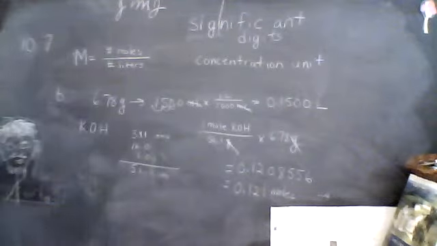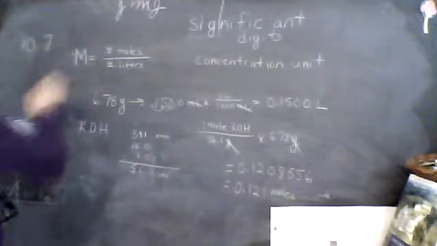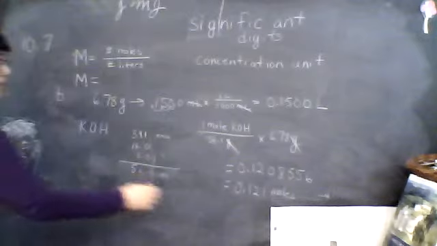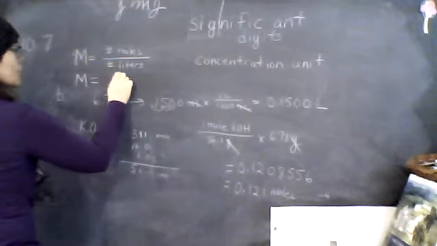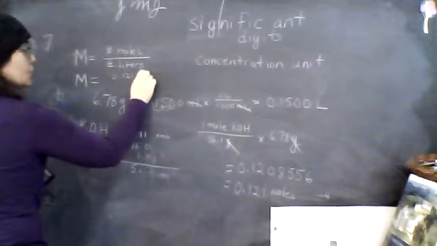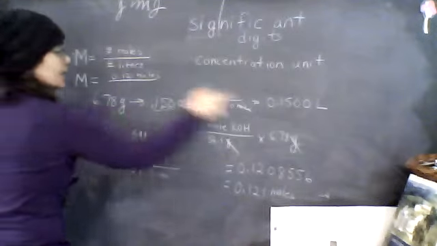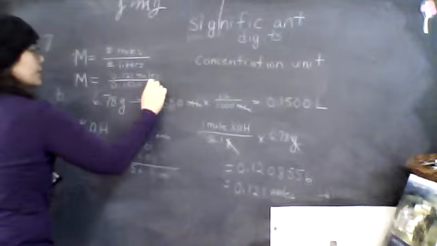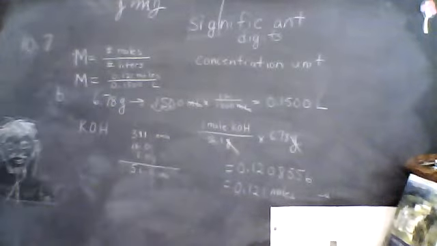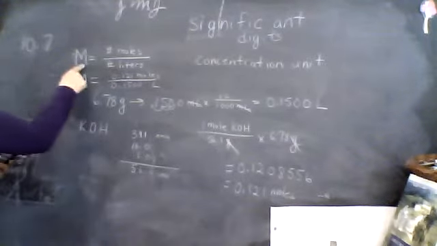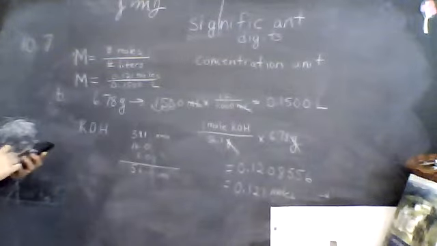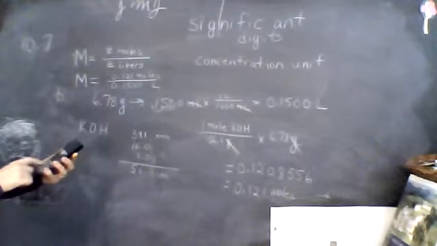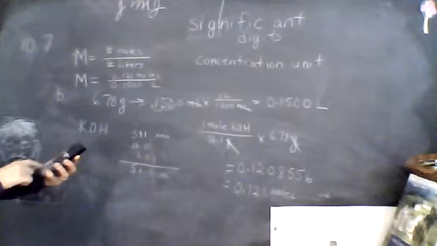So now we go back to our formula. Molarity is going to equal 0.121 moles divided by 0.1500 liters, and the units will be molarity. That's what we just call it. Let me do that math on my handy dandy calculator. 0.121 divided by 0.15.